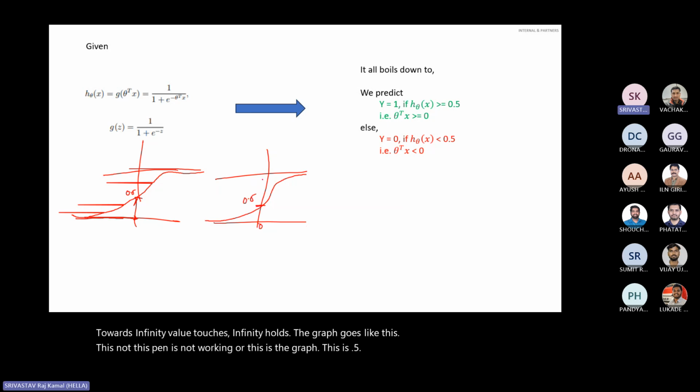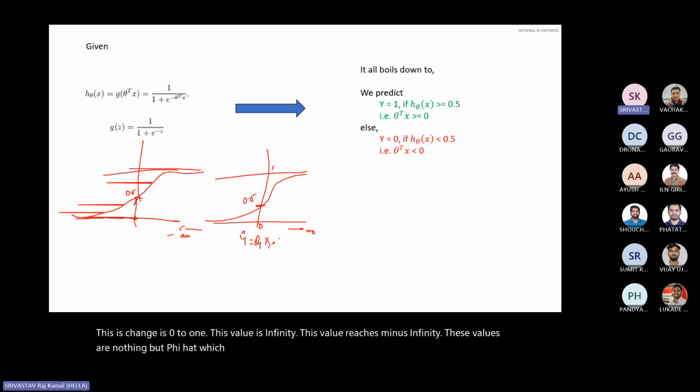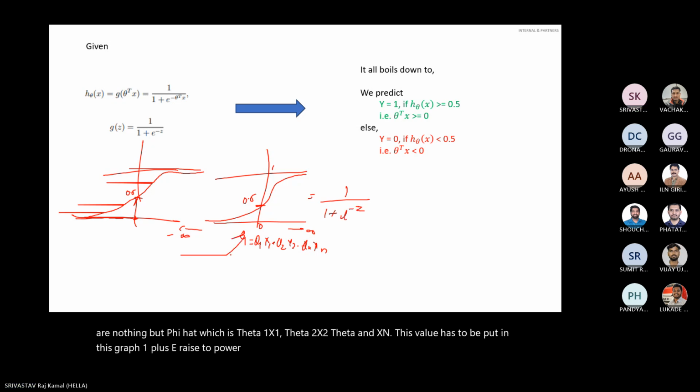This range is 0 to 1. This value is infinity, this value reaches minus infinity. These values are nothing but y hat, which is theta 1 x1, theta 2 x2, theta n xn. This value has to be put in this graph, 1 plus e raised to power minus z. We call it z, common representation. This is g(z), the sigmoid function.